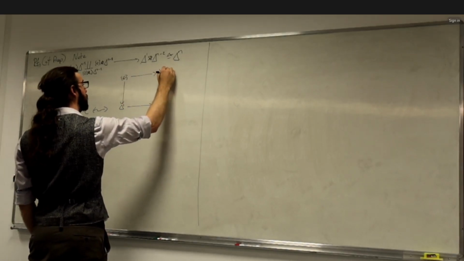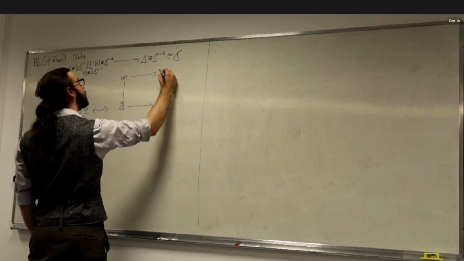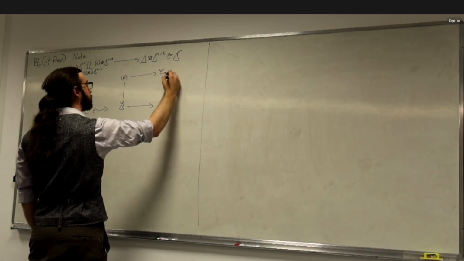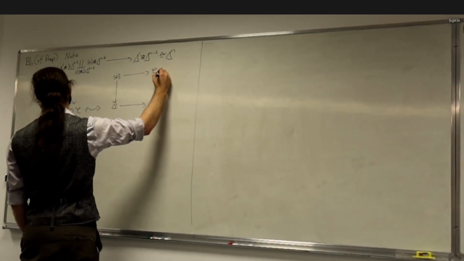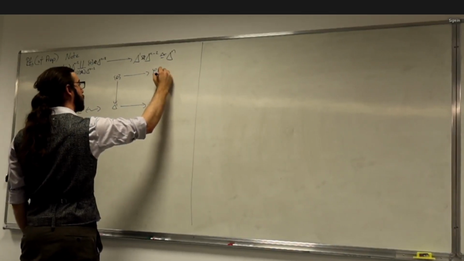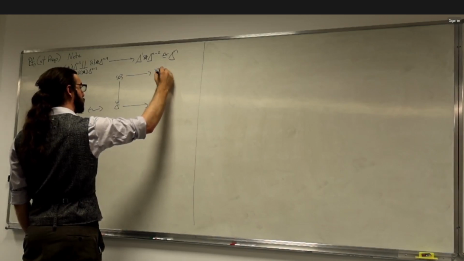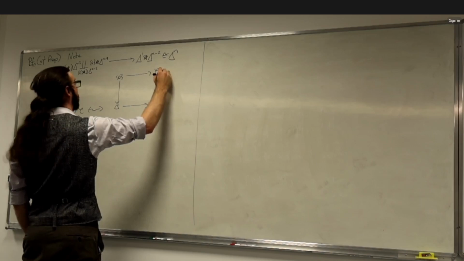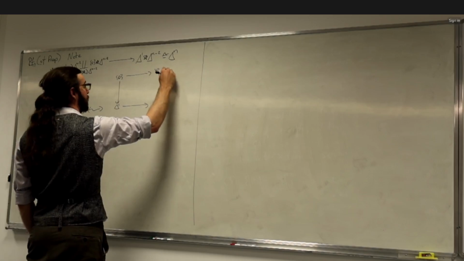Here we'll get c over g restricted to delta n minus 2.